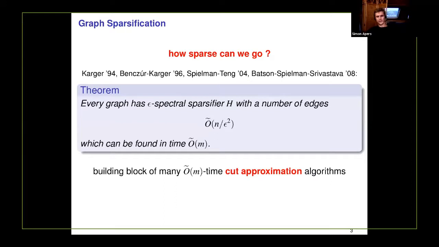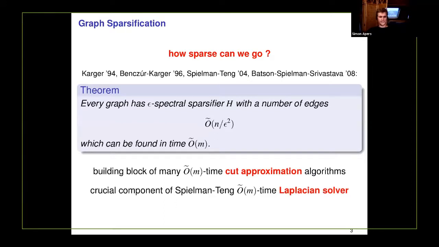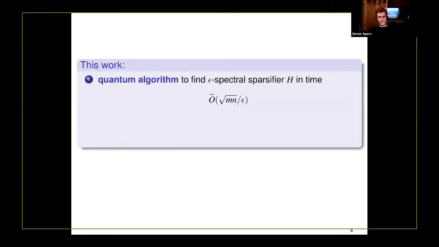This is a building block of many near linear time cut approximation algorithms. In fact, it's a crucial component of the breakthrough work by Spielman and Teng on near linear time Laplacian solvers. What we did is we developed a quantum algorithm to construct such a sparsifier. Instead of O tilde of m, which was the classical time, we get O tilde of the square root of mn over epsilon.